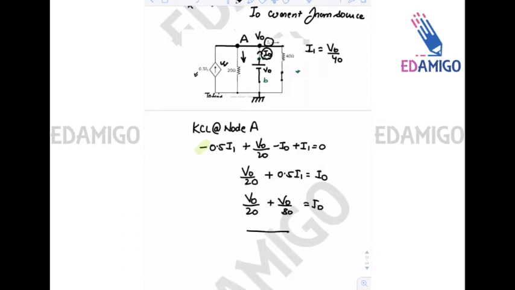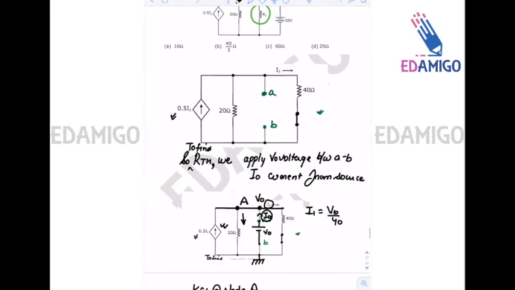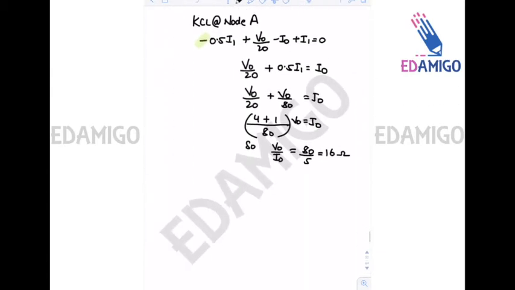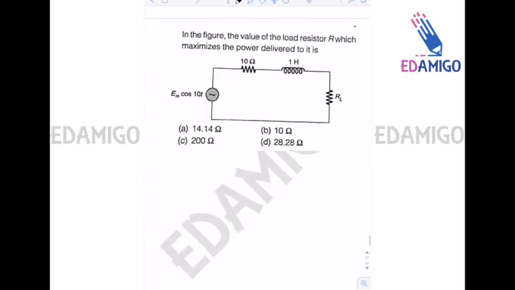Taking 80 as common, it is (4 plus 1) V0 by 80 equals I0. So V0 upon I0 is equal to 80 by 5, that is 16 ohms. So A is the correct answer. Now another question.